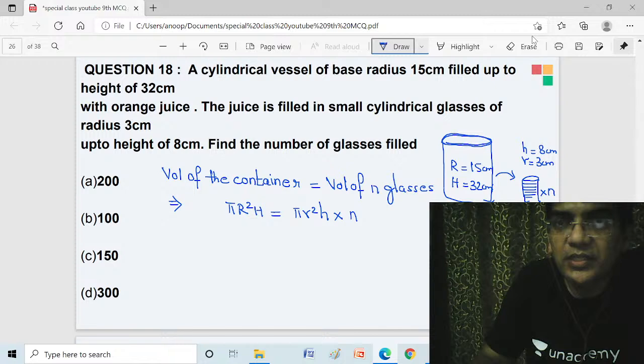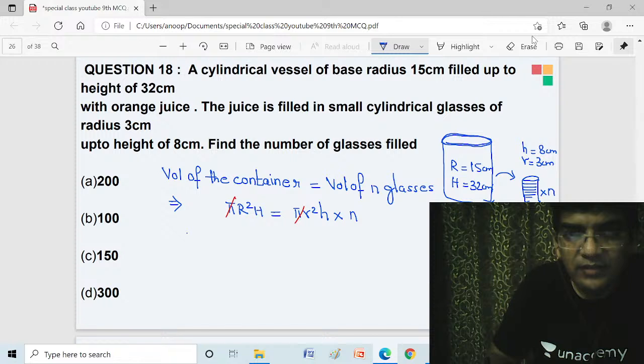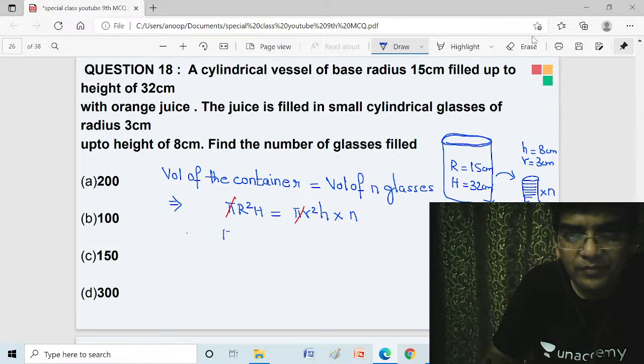On the left side we have the radius and the height of the cylindrical container. Height is 32. Now on the right side it is the radius 3, height is 8, into n.